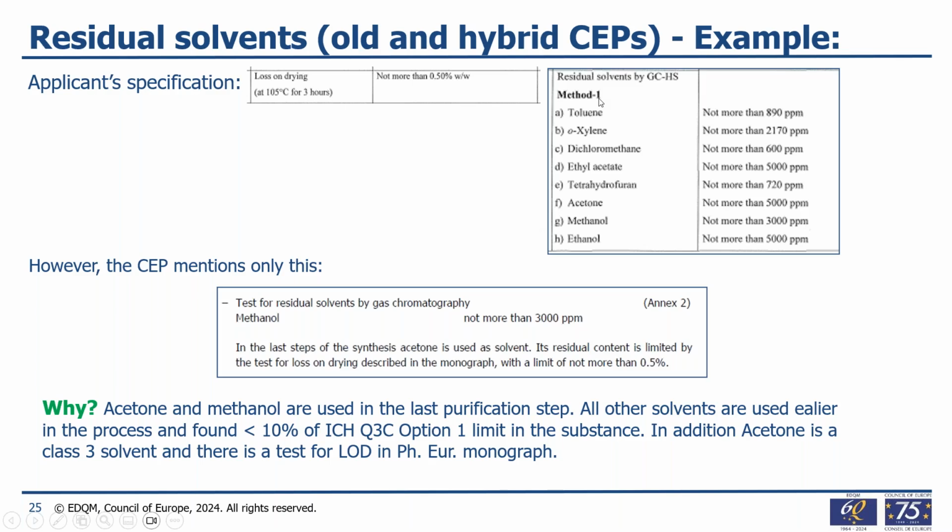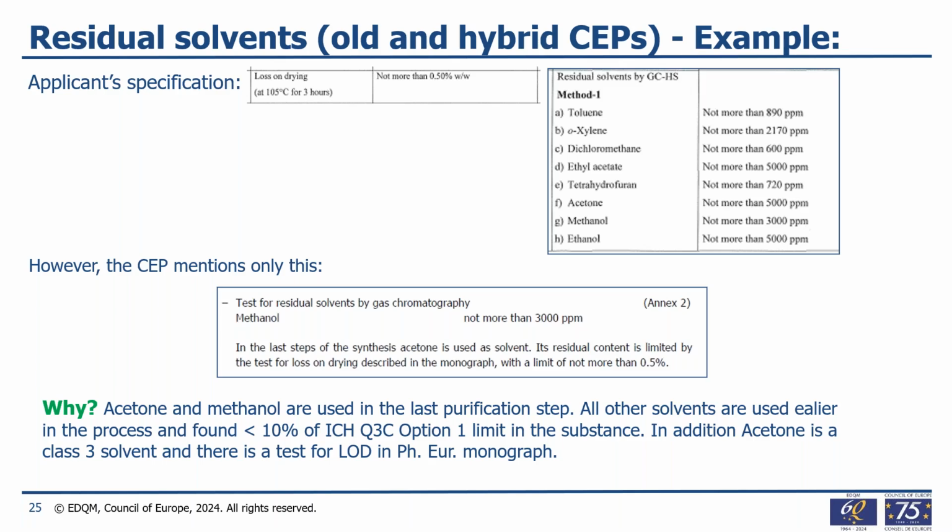In this case, you will see, for example, the whole battery of solvents which is used in the process. However, on the CEP, you may see only the in-house test for methanol and the statement on the use of acetone as a solvent in the last steps of the process, and its control by the test for loss on drying. Why? There is a difference between the in-house specification and the information mentioned on the CEP.